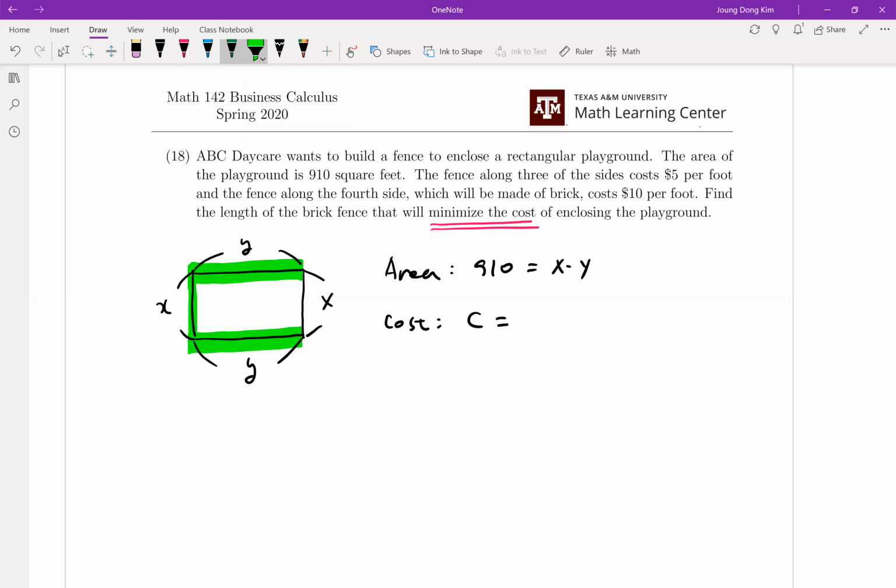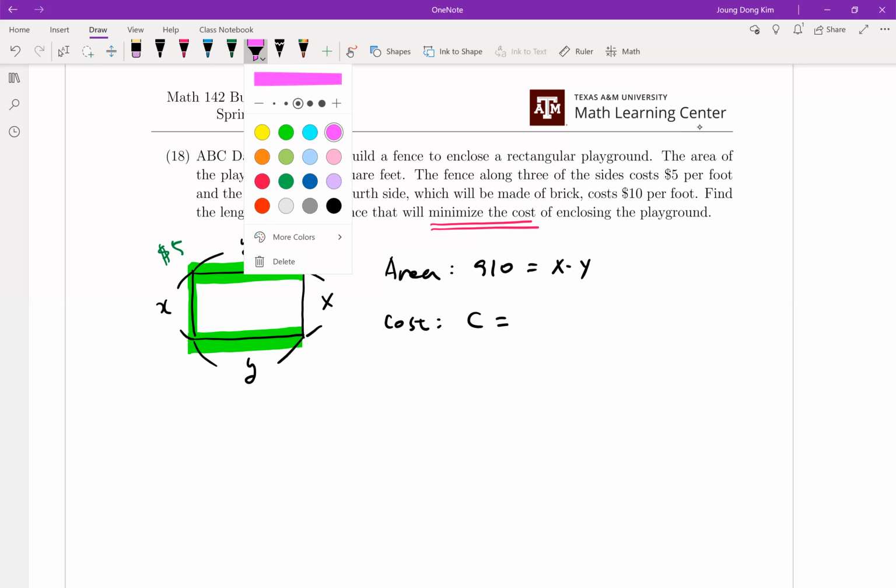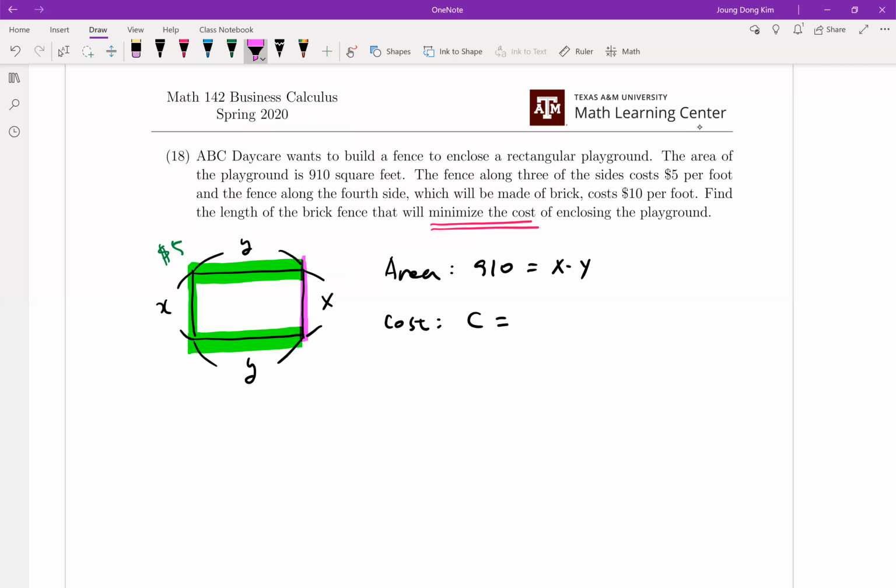Let me use $5 material, and for this side I'm going to use the brick, which is $10. So my cost function consists of the following. The first one, the $5 side: its length is X plus 2Y. And then what about the $10 side? It's simply X.